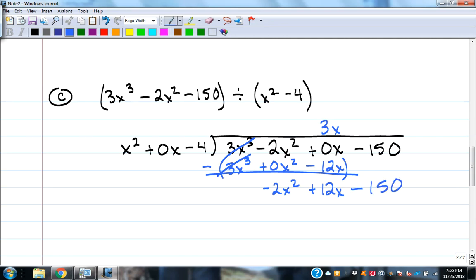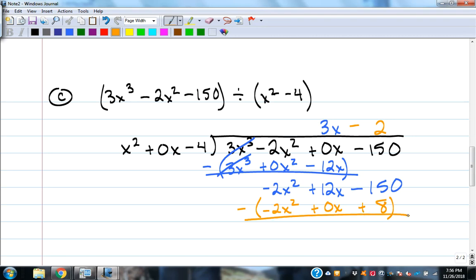Okay. What times x squared gets me negative 2x squared? Just a 2? A negative 2. That's important. So minus 2. Distribute across there. There's negative 2x squared plus 0x plus 8.